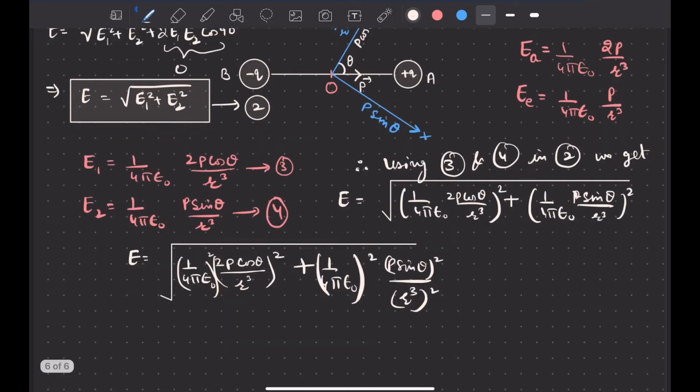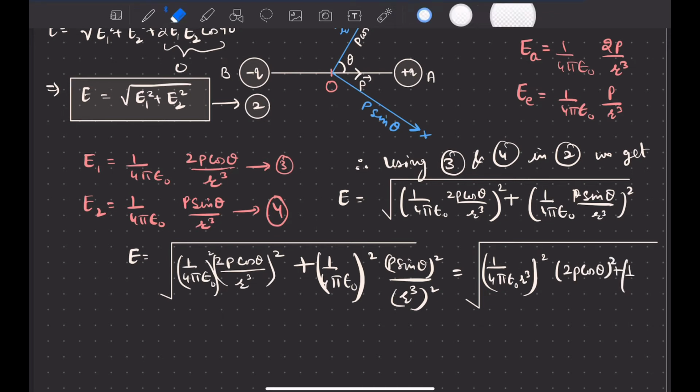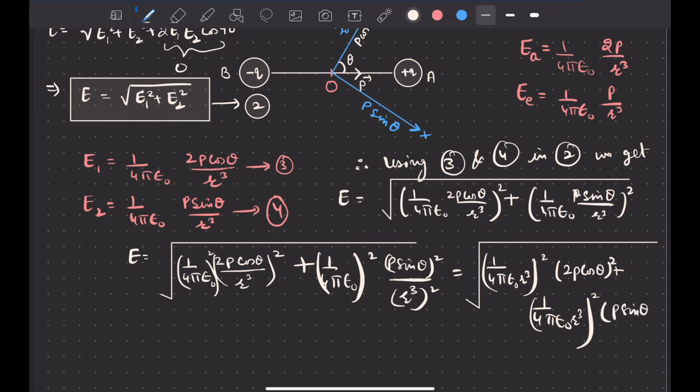So we are having E equal to under root of 1 upon 4 pi epsilon naught r cube whole square multiplied by 2p cos theta whole square plus 1 upon 4 pi epsilon naught r cube whole square p sin theta whole square.